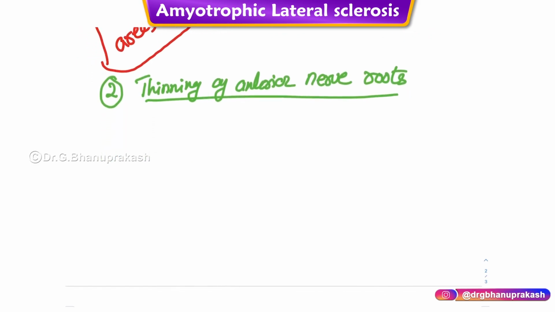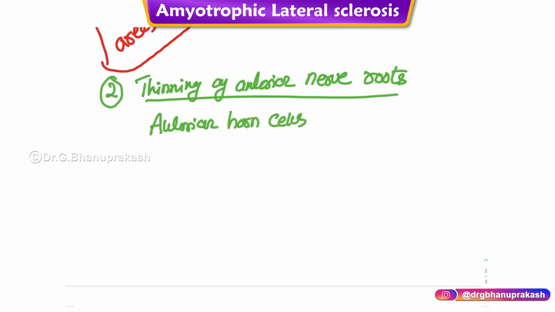So, what are the anterior nerve roots? Let us discuss the anterior horn cells, which are present in the spinal cord, right? So, anterior horn cells are the lower motor neurons in the spinal cord. And what is the function of these anterior horn cells? Let us write over here. Anterior horn cells.